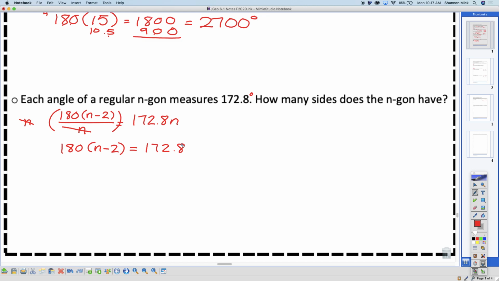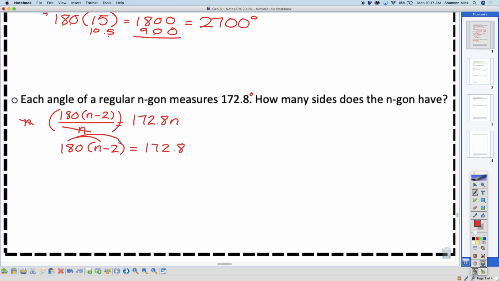I'm back to using my algebra skills, right? I have to distribute that 180, don't I? Now, I could divide by 180 right now. But does 180 go into 172.8? No, so I don't want to divide by 180.